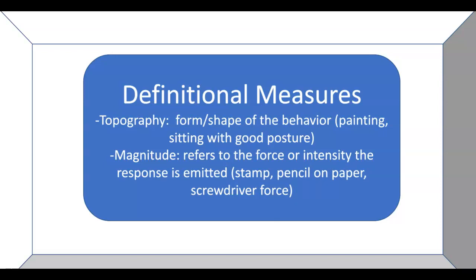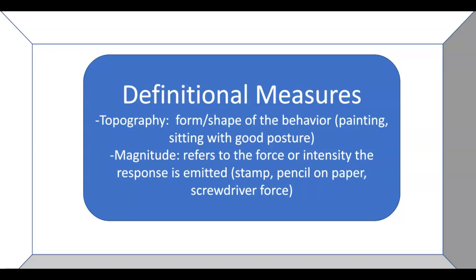Magnitude refers to the force or intensity with which the response is emitted. So for example, how much pressure you have to put on a stamp to be able to use a stamp. Pencil on paper, how much pressure you need to put for the pencil to be able to write on the paper. Screwdriver force, to be able to put a screw on the wall, or to use a hammer.